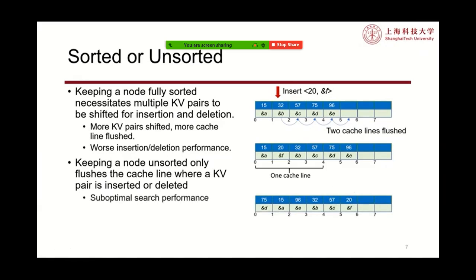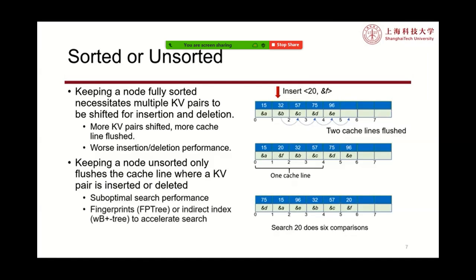However, the search performance is not good. Let's assume that we want to search 20. We need to do 6 comparisons to find the key. So the search performance is not good. Although FP tree and WB plus tree introduced acceleration techniques, our study will show that such techniques are not so efficient, not so free of charge.